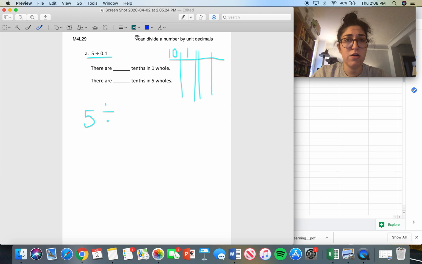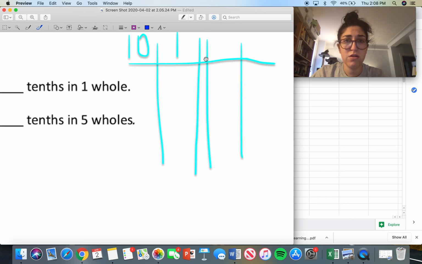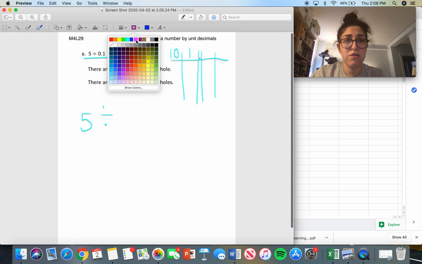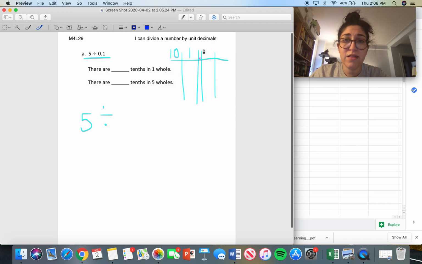Right here is where our decimal would go, and then here is where our tenths would go, 0.1, right?